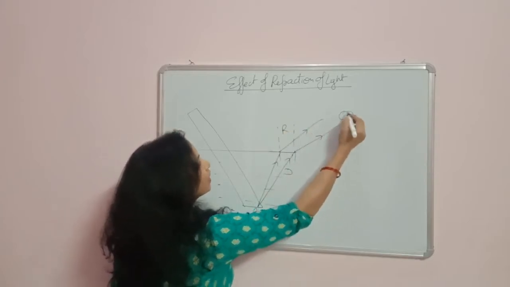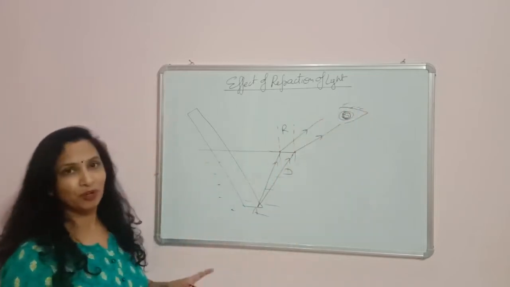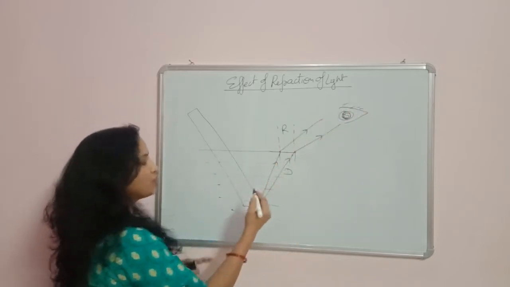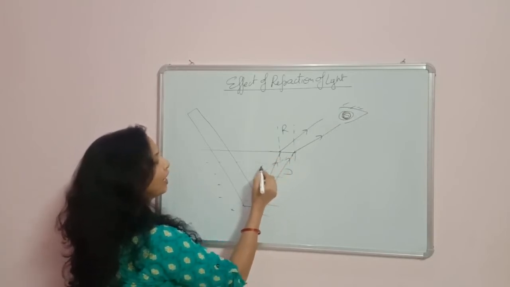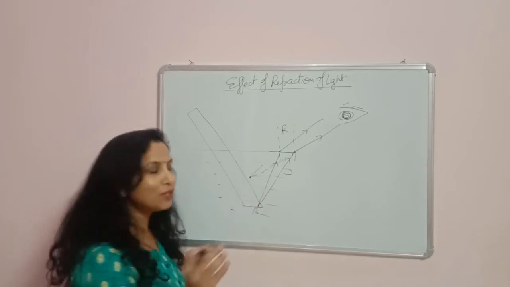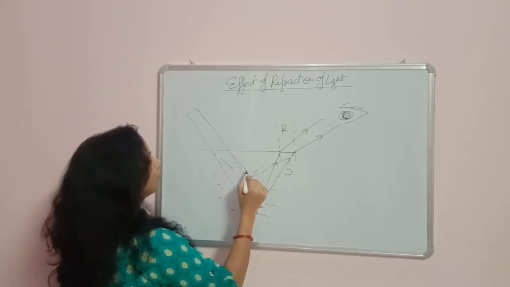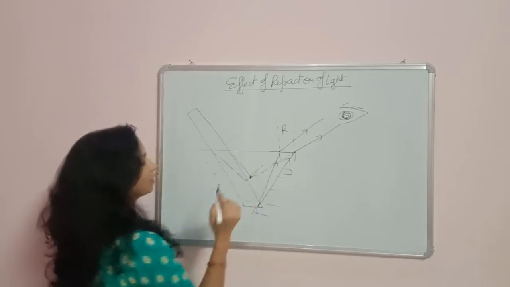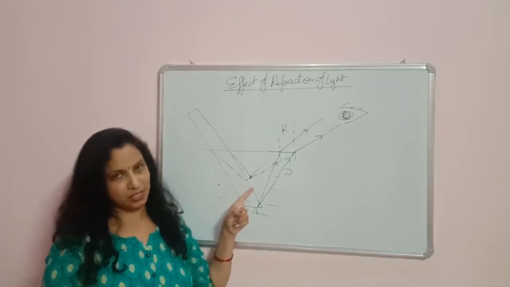Suppose we are here looking at the tip. If we produce these rays in the backward direction, where they appear to meet will appear to be the tip of the stick, like this. So it will appear that this is the tip of the stick.